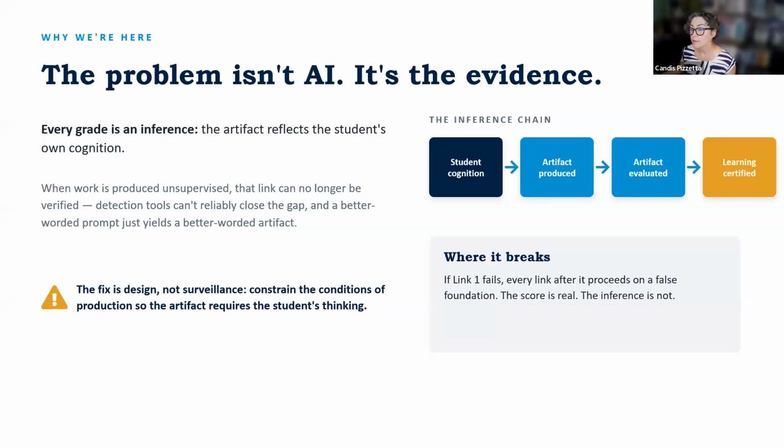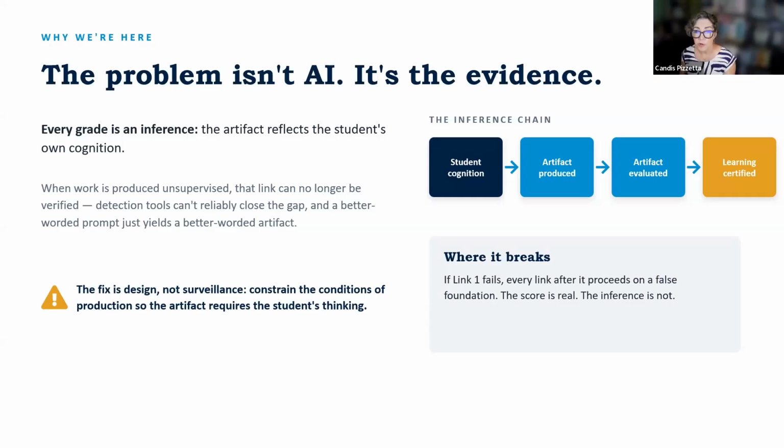The core concern for us is that a grade is an inference of student learning. They create an artifact and we assess that artifact, and based on the correctness and quality of that artifact, we determine whether or not we think the student has learned.